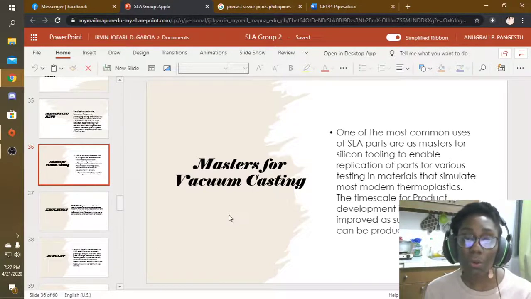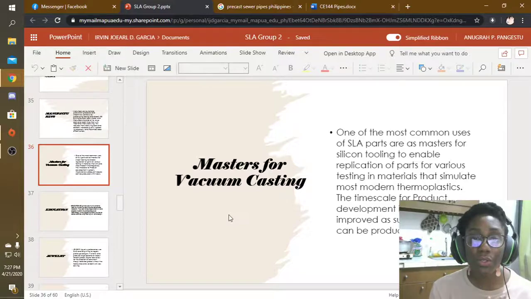You see that? So that is one of the common uses of this, and it gives you very realistic, almost perfect copies of the original.